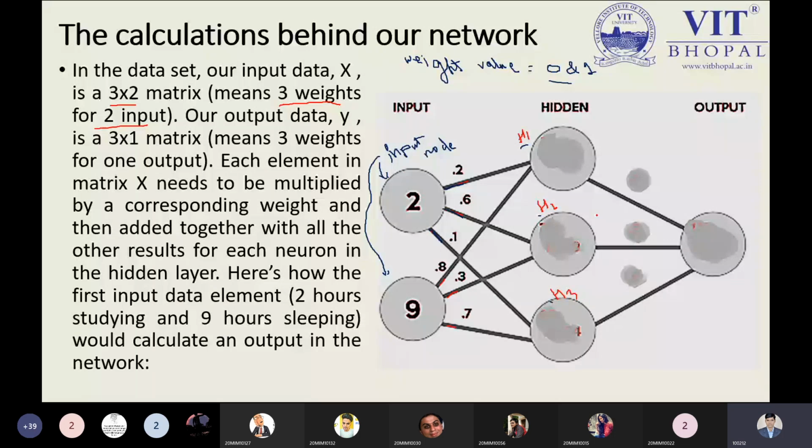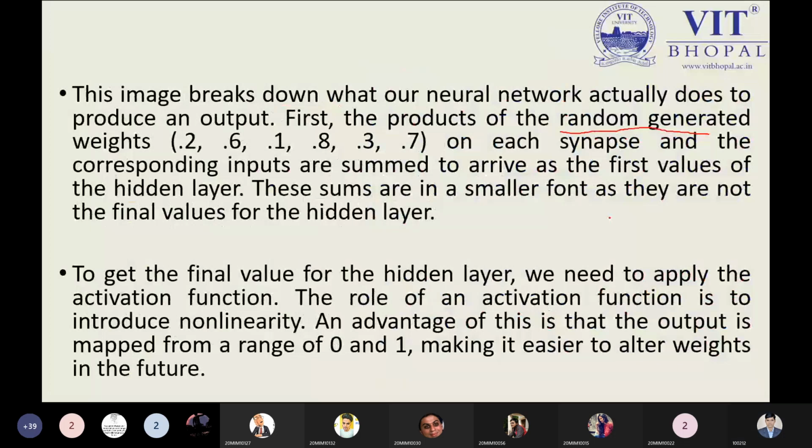I suggest to all the students, please keep paper and pencil ready, because I will ask questions of everyone and you have to speak. This is the breakdown of what our neural network actually does to produce an output. First, the randomly generated weights: 0.2, 0.6, 0.1, 0.8, 0.3 and 0.7 are the random weights we have, and they are connected to each and every node.